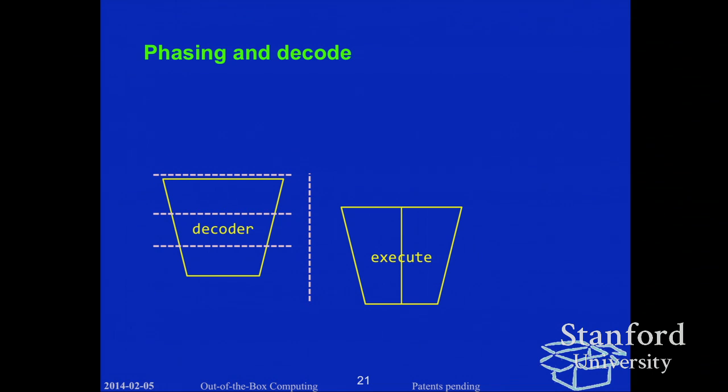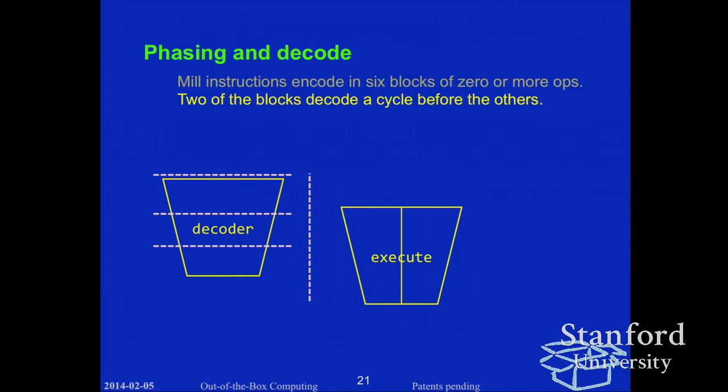And the execute engine then winds up, dear me, 2 of the blocks are available a cycle before the others out of the 6 blocks which occur in an instruction. And they are arranged so that those things which are going to want to execute in reader phase, in fact, are in the part of the instruction which is decoded first and is available immediately.